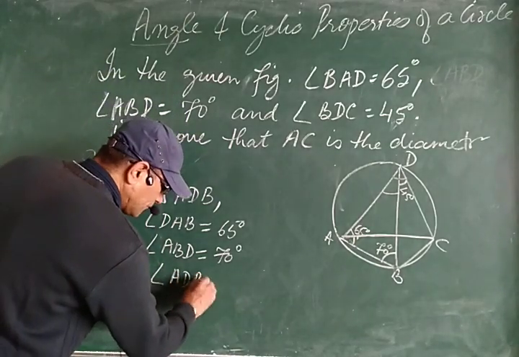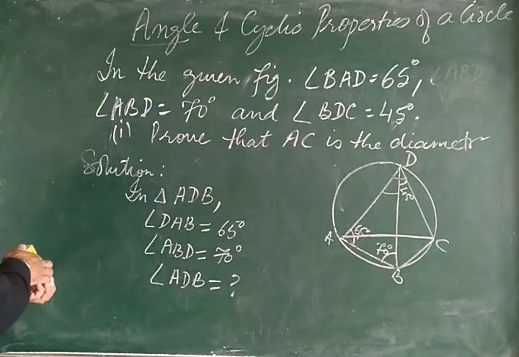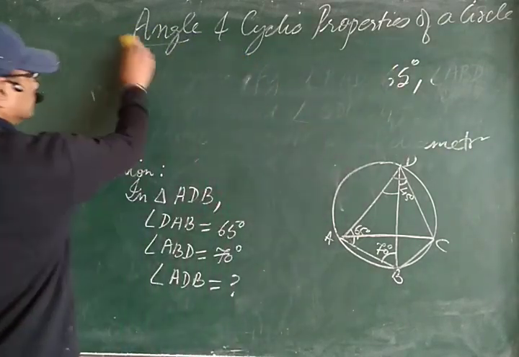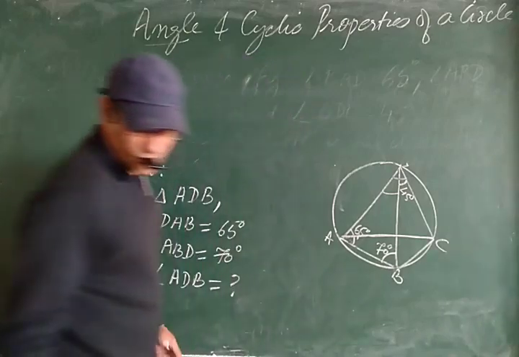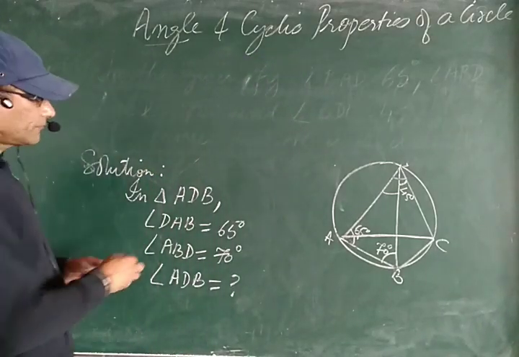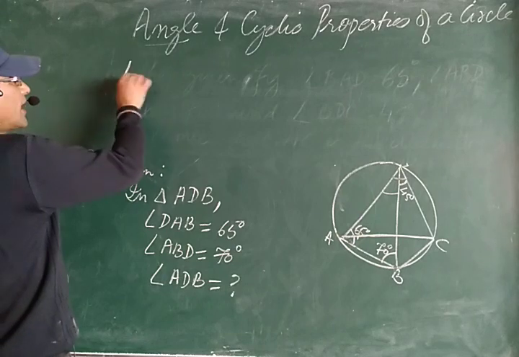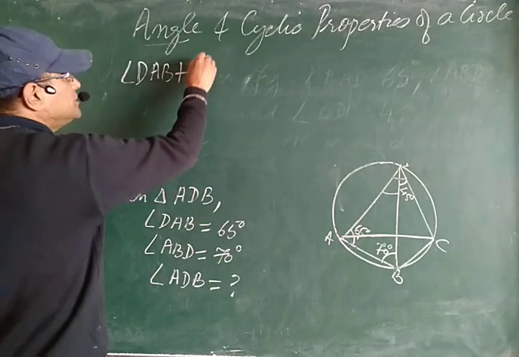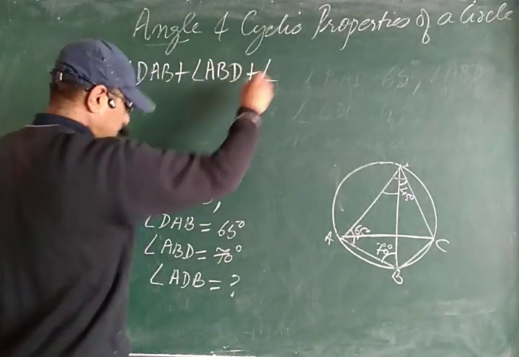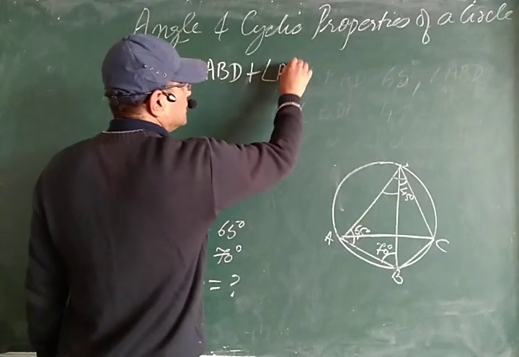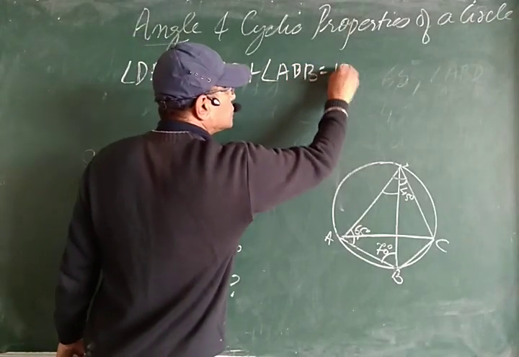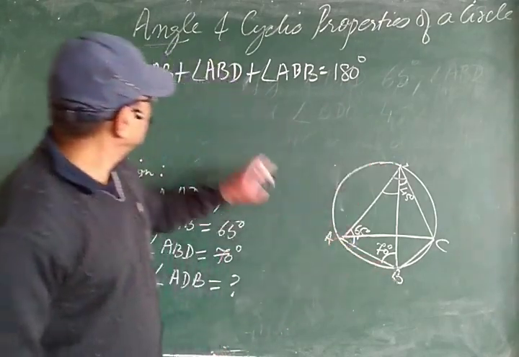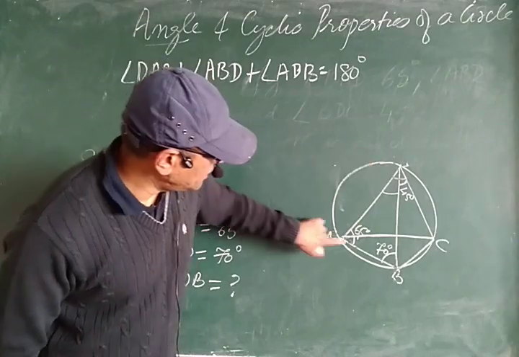So angle DAB plus angle ABD plus angle ADB is equal to 180 degrees. Look here, first let's take DAB, the first angle.